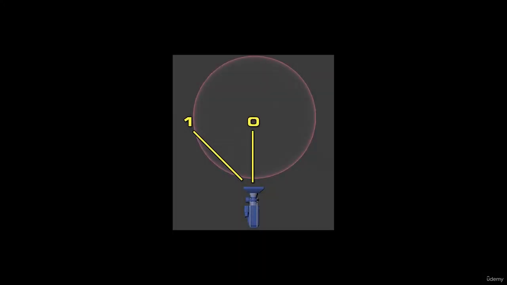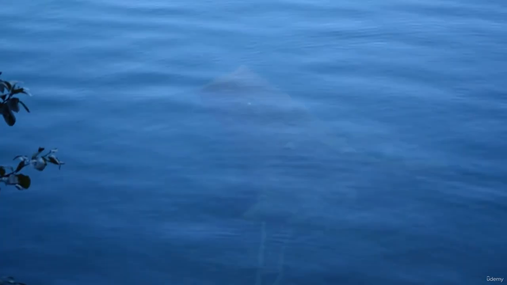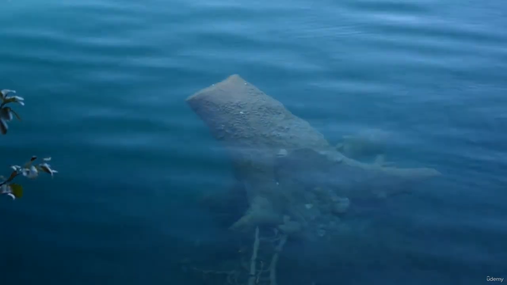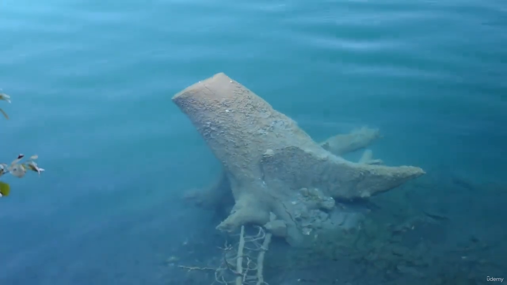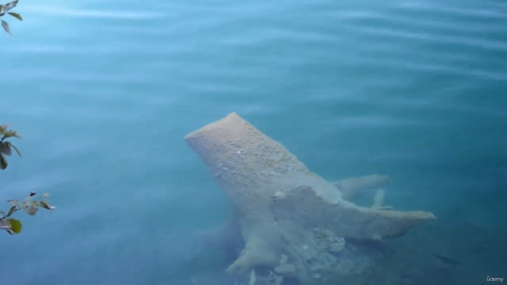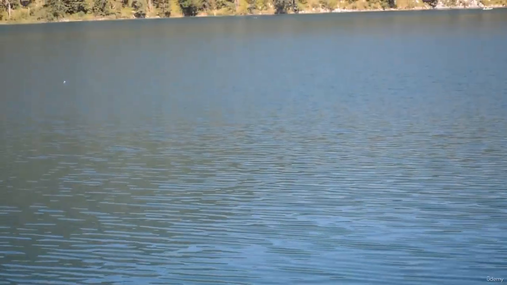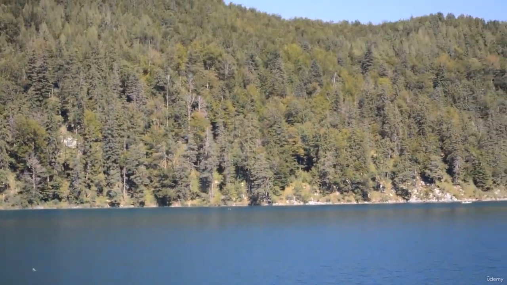Fresnel is a term used to define how light you see reflects at different intensities depending on the angle you look at it. For example, if you stand above a pool and look directly at it, you won't see much reflection in the water. However, as you start moving your head to make the water in the pool parallel to your eye level, you will notice increasing reflections.